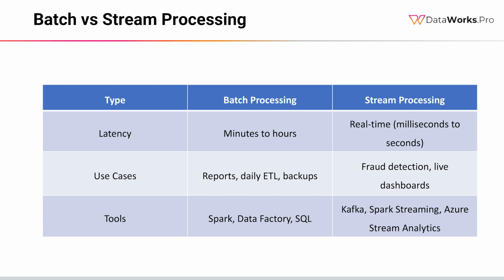In the same way, stream processing is almost like live, just like a cricket game which we are watching live, where it is relayed from wherever it is through the satellite as it comes.